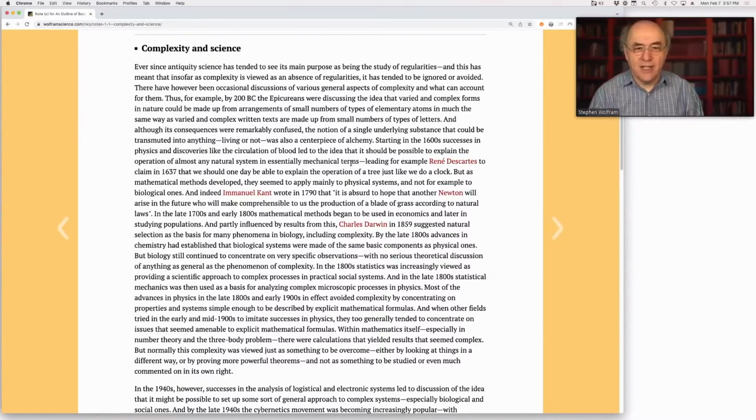Immanuel Kant, 1790, another famous quote: "It is absurd to hope that another Newton will arise in the future who will make comprehensible to us the production of a blade of grass according to natural laws." So Kant took a different point of view and said, no, biology is simply never going to be accessible to anything that has the same kind of formal structure that Newton had added to mathematics and mathematical physics.